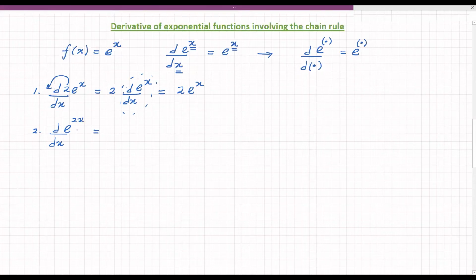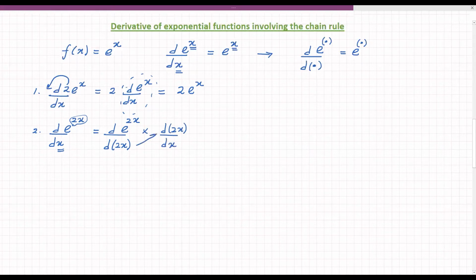Now here we have to think a little bit. The variable associated with the differential operator would be x here, and the power of the function would be 2x. So we have to find a way to get the derivative of this one. So we have to use the chain rule here. What we do is construct the power, and then we use the chain rule to cancel that term.